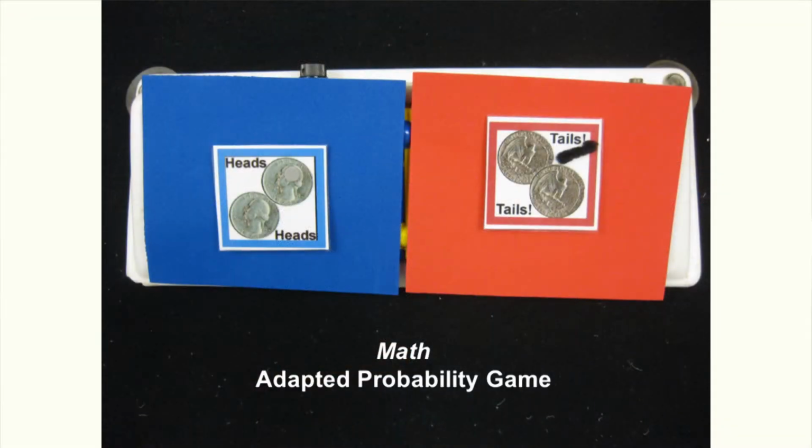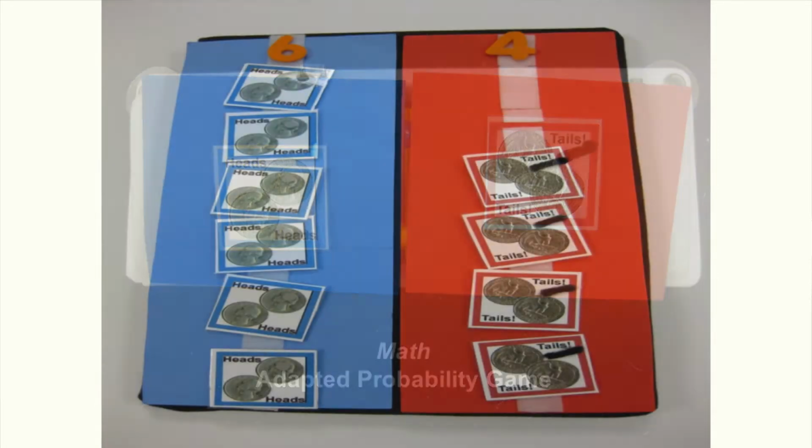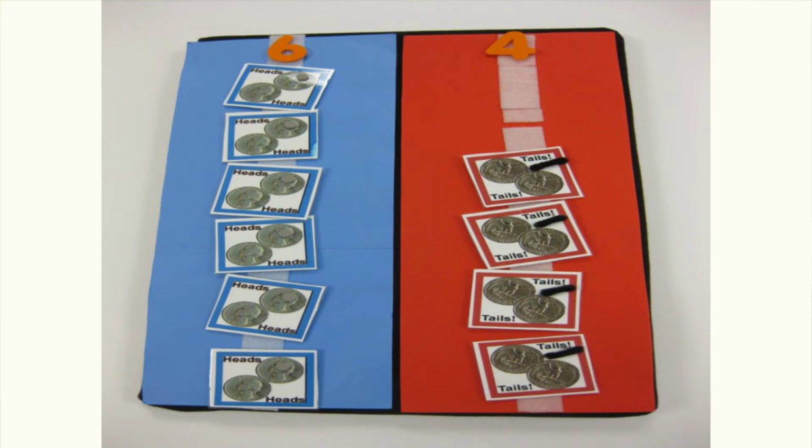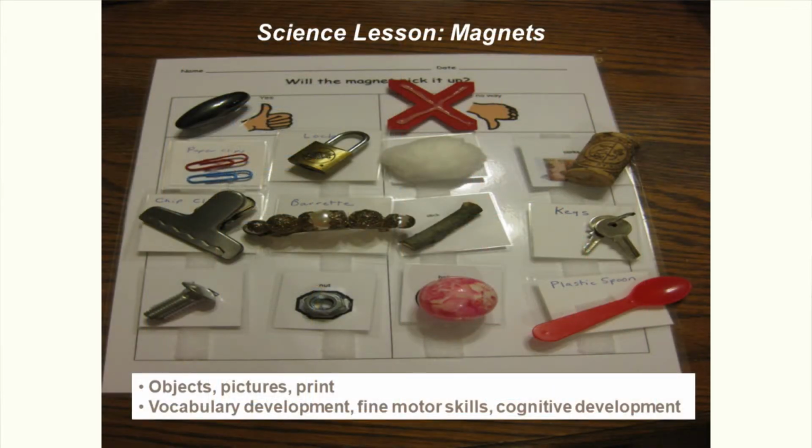Same thing with the heads and tails, and they've done the tactile representation with the quarter for the head, and then they used a little thing for tails. And how many times did it happen? So then you've got the little things, and they could easily count how many times, 6 out of 10 tries.